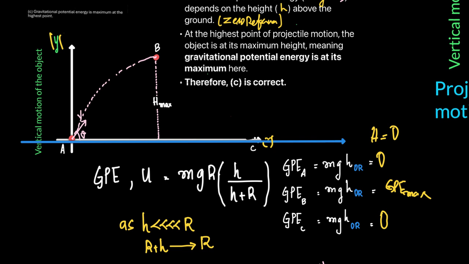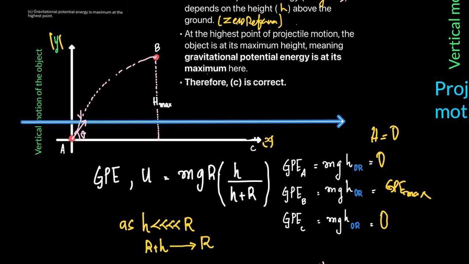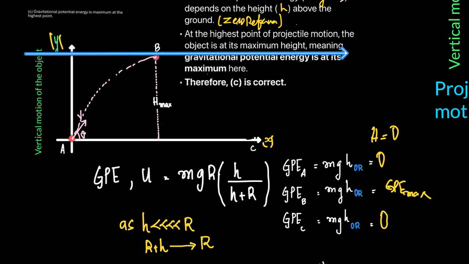Okay. Now, of course, this is a very basic thing. Now, what I want you to do is, I want you to solve the same question by keeping the reference axis as a line passing through B. What will you do? You will redraw this diagram, right?